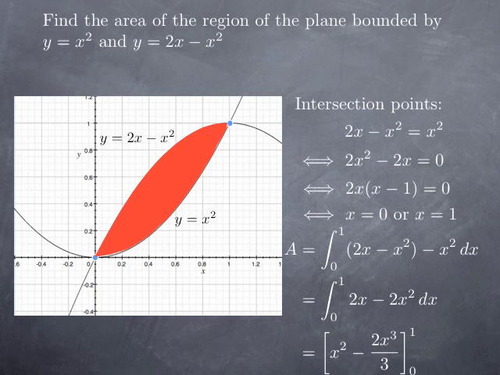Using the fundamental theorem of calculus to calculate that, we only need an antiderivative. Antiderivative of 2x is x squared, of 2x squared is 2x cubed over 3, and we need to evaluate that between 0 and 1. The value at 1 is 1 minus 2/3, that is 1/3. The value at 0 is 0, therefore the area is 1/3.